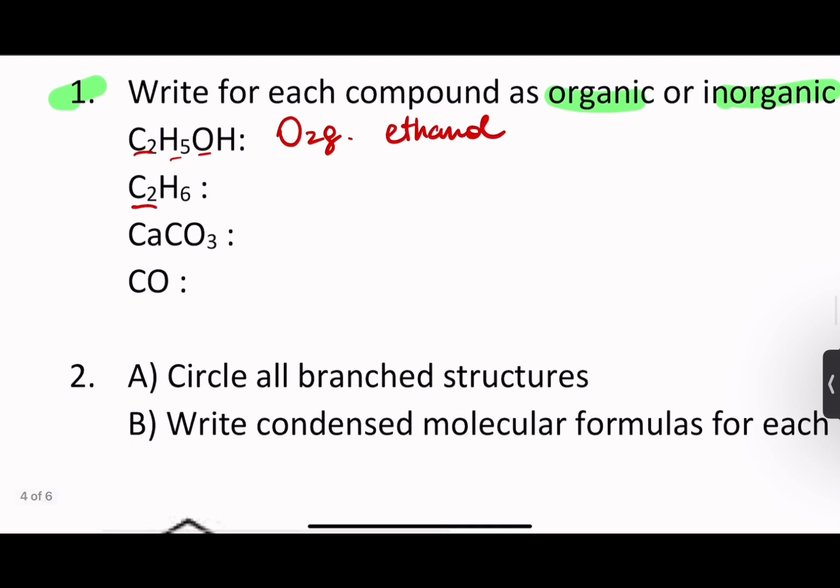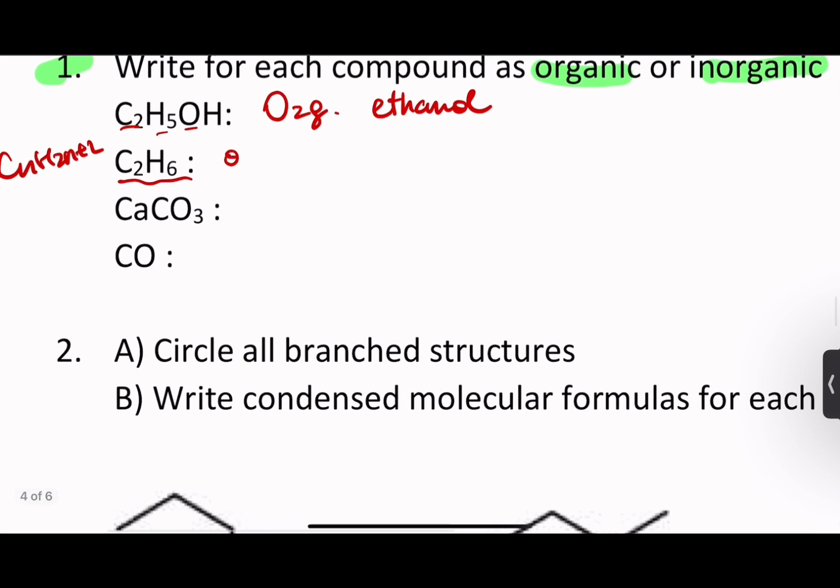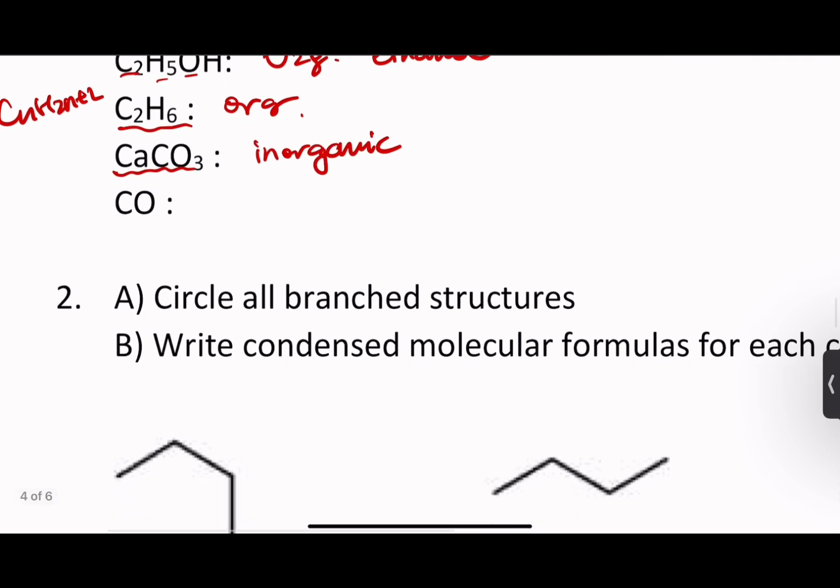This one is ethane, if you remember the formula CnH2n+2, and it is organic. This one is calcium carbonate, which is inorganic. This is the one that I explained in our PowerPoint. And carbon monoxide is inorganic as well, a very toxic gas.